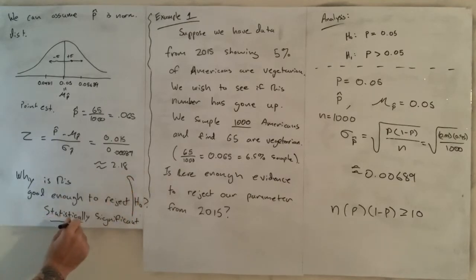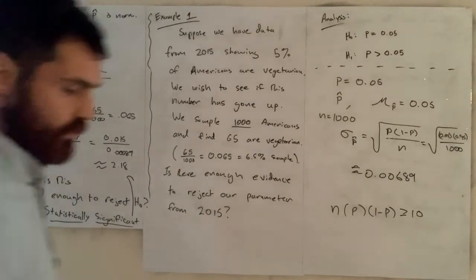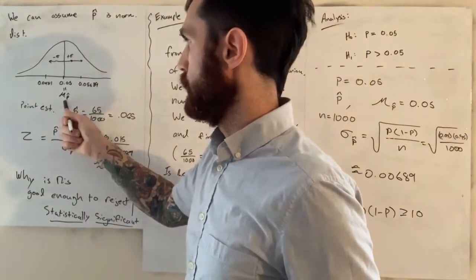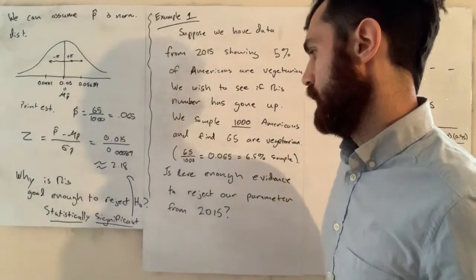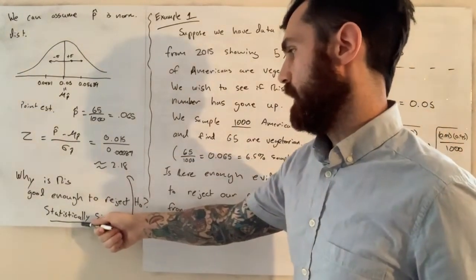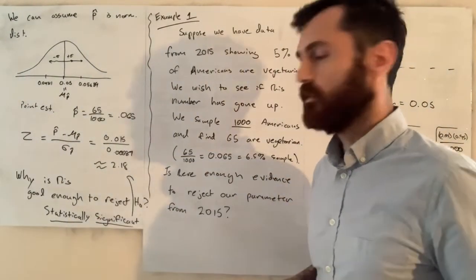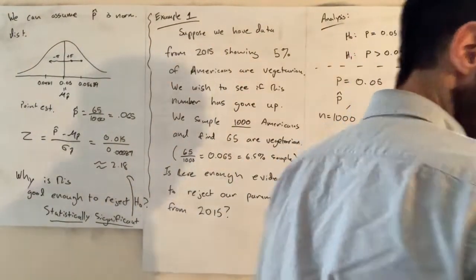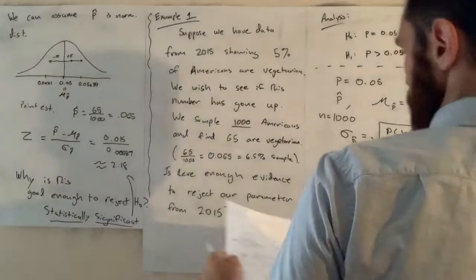And so this thing, 2 standard deviations away from our sample mean, or our sample proportion, that's going to be statistically significant. And so there are 2 ways to read this.